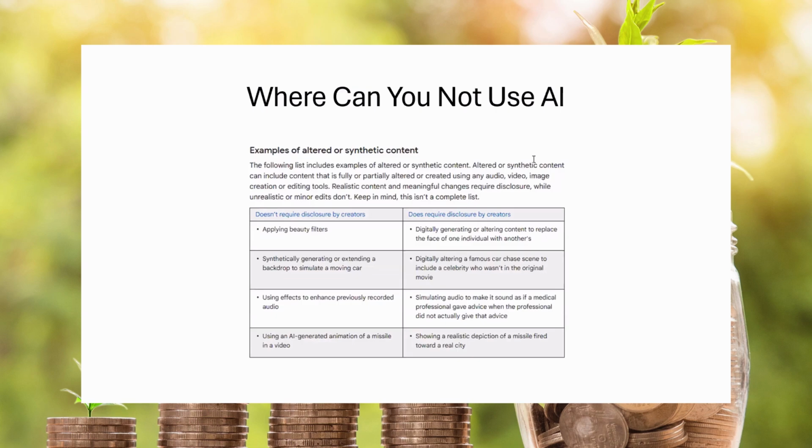So you don't have to disclose for that. What you do have to disclose is if you're simulating audio to make it sound as if a medical professional gave advice when the medical professional did not actually give that advice. So I think you get the idea of what they're saying in terms of we do or do not want you to use AI in order to create your videos.